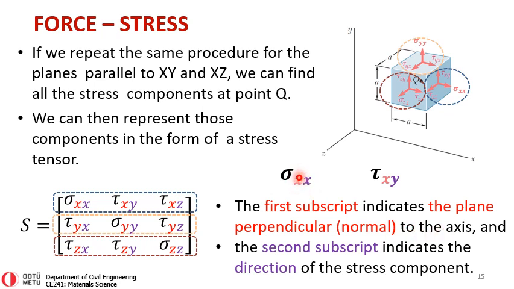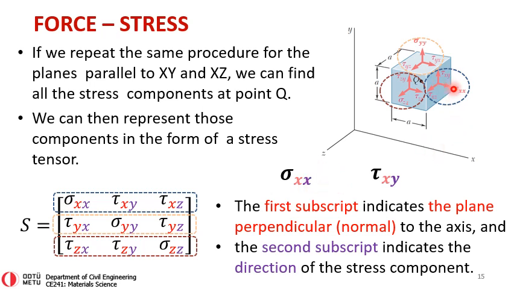So whenever I say sigma xx, tau xy, tau xz, I'm saying those stresses are acting on an x-plane. And what is an x-plane? Its normal is parallel to the x-axis. The second subscript indicates the direction of the stress component.